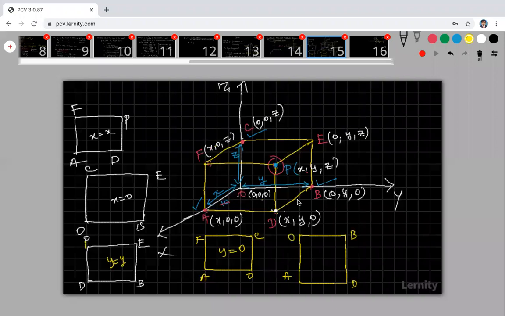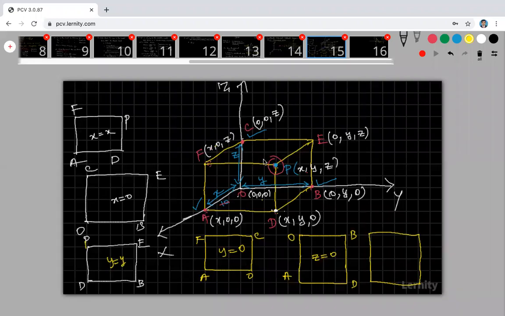In OADB, what is your Z, Kanna? My Z is 0. Please note down the coordinates. OADB, Z is equal to 0.